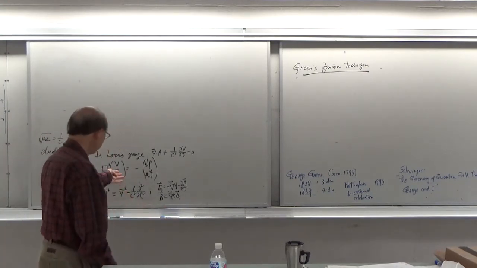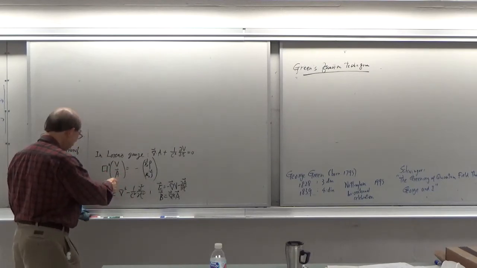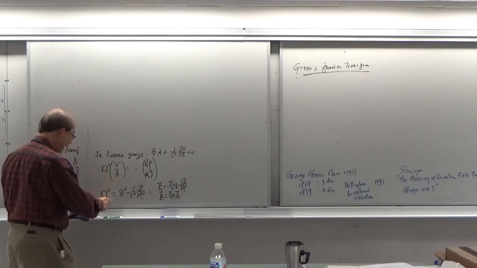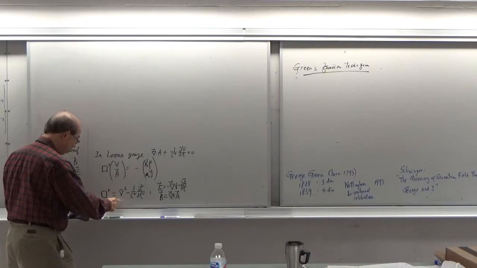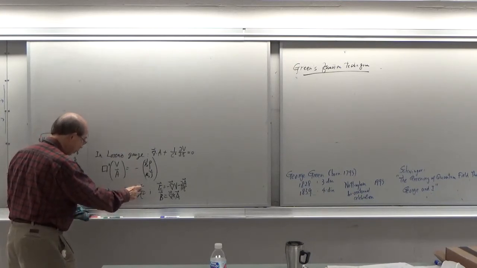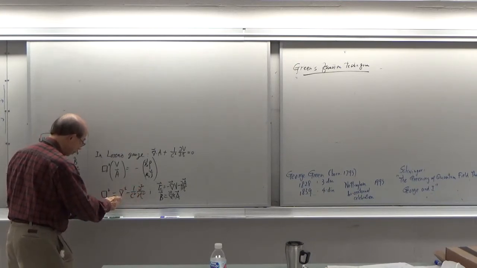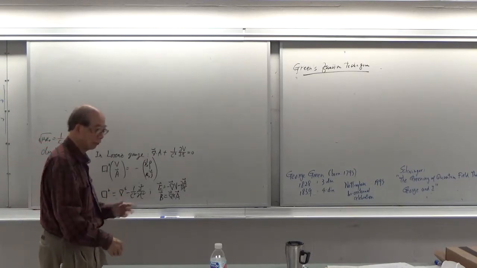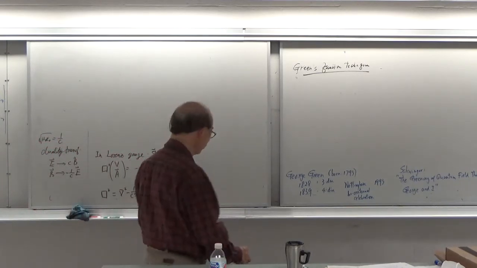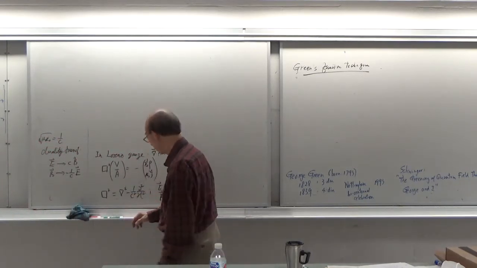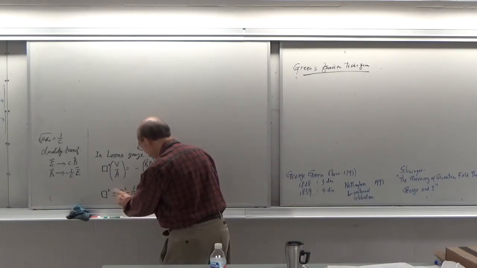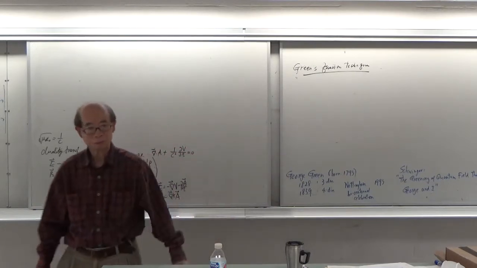In fact, they're of the same form. And this box square is the D'Alembertian, which is given by two terms, the Laplacian and this del square by del t square. So this Laplacian, of course, involves three-dimensional derivatives, and then there's this time derivative. So together, this is a four-dimensional derivative.